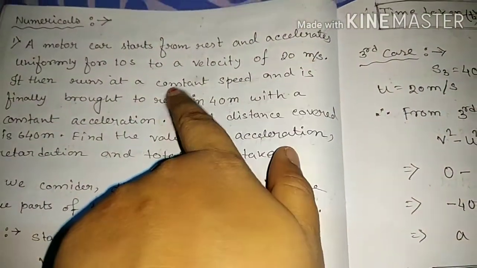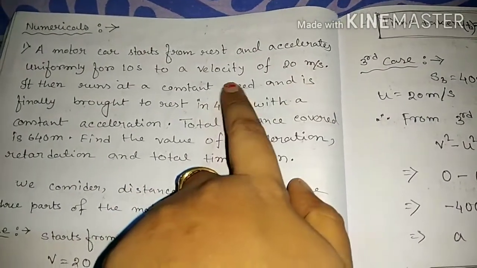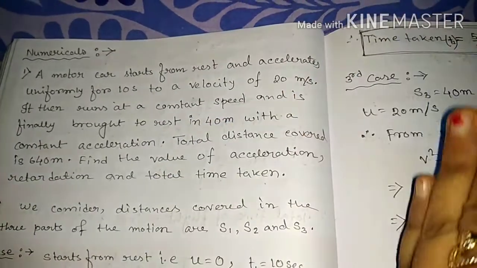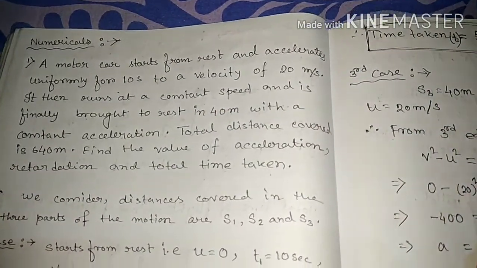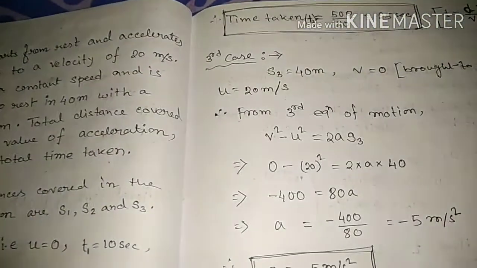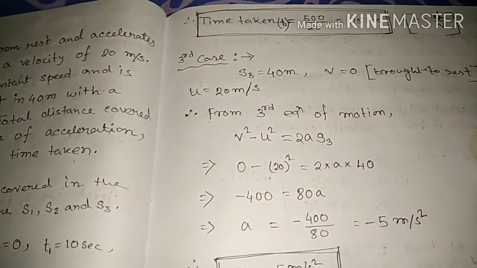With this 20 meter per second it will cover the 40 meter. The final velocity is 0 because it comes to rest. So u equals to 20 meter per second, v equals to 0 and s3 equals to 40 meter.